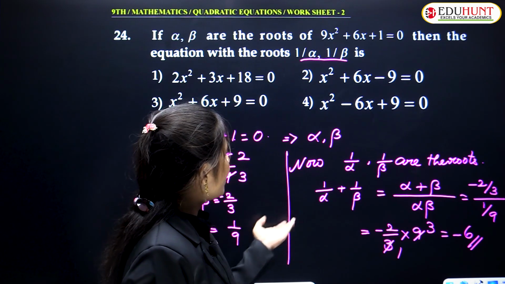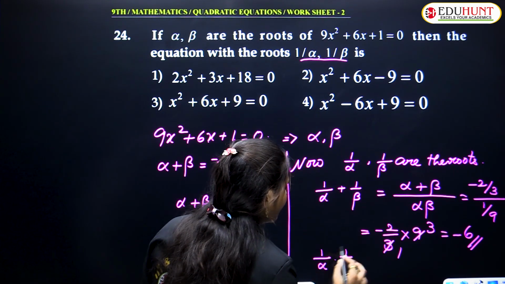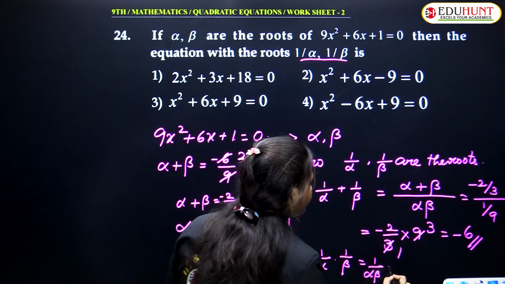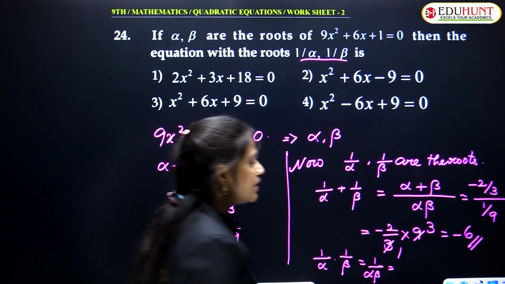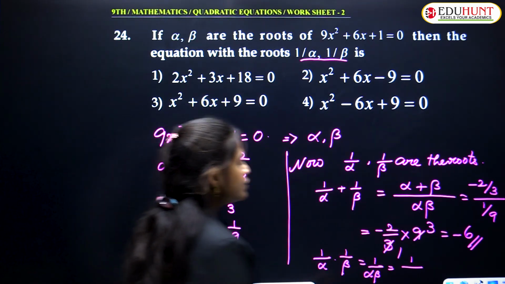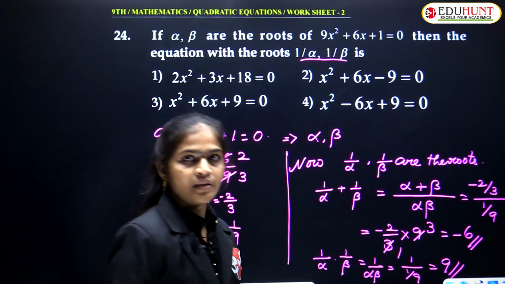And the product of the roots, 1 by alpha into 1 by beta, is equal to 1 by alpha beta. Since alpha beta is 1 by 9, 1 by alpha beta is equal to 9. Understand?